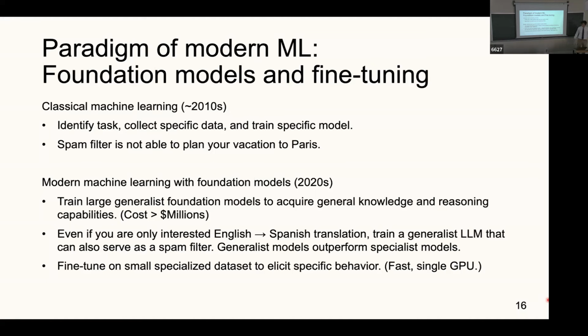But the idea was you first specify and identify the task that you want to solve. So maybe you want to distinguish spam emails from non-spam emails. You want to distinguish a cat image from a dog image. You identify a task. Then you collect the labeled data that indicates the correct answers to these tasks, and then you train a specific model. You set up a logistic regression, a deep neural network, something you train based on the data.